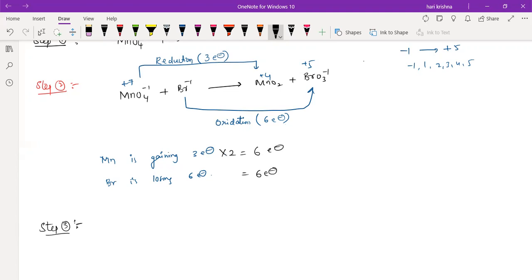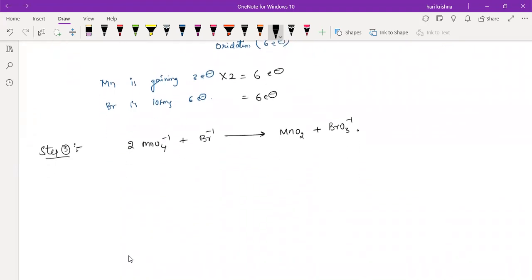So multiply the manganese by 2 so that the number of electrons lost equals the number of electrons gained. So 2 MnO4 minus 1 plus Br minus 1 will produce MnO2 plus BrO3 minus 1. Any doubts up to this?